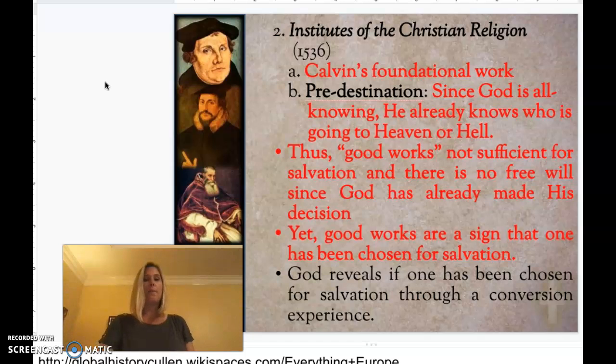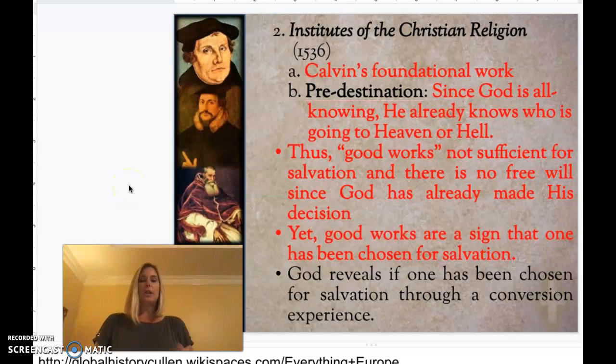And again, it doesn't matter how you live your life here on earth because God has already predetermined what's going to happen to you when you die because he's all knowing, according to John Calvin. So it doesn't matter really what you do because God already knows what your path is.